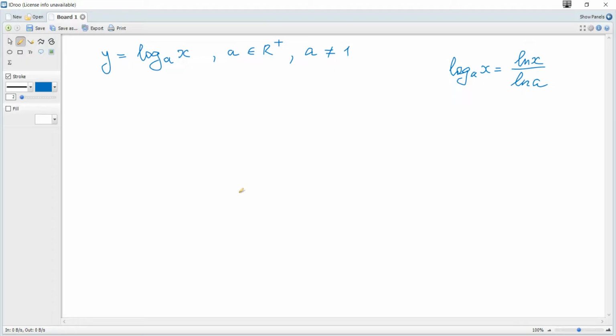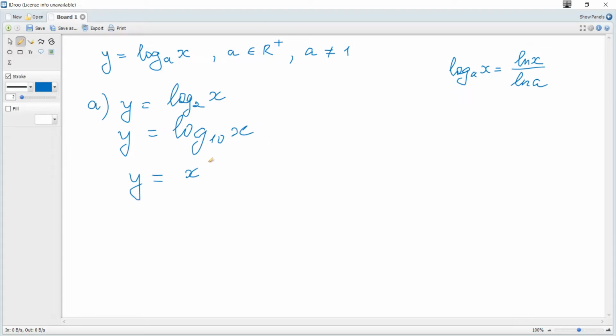Sketch the following three graphs. y is log 2 x and log 10 x, and y is x. 4 marks, and also clearly label each graph with its equation and state the value of any non-zero x-axis intercepts.